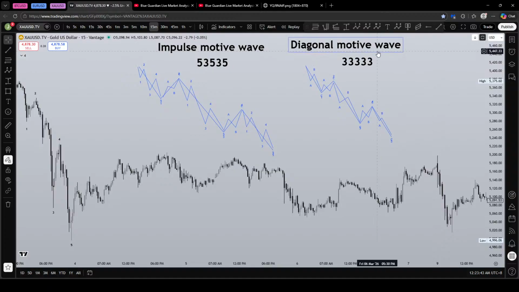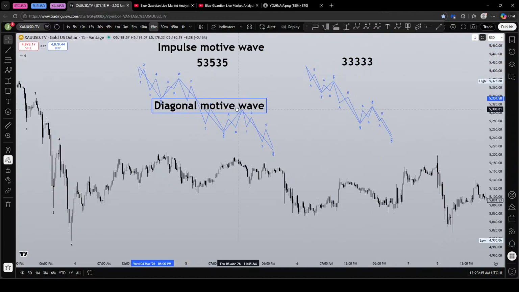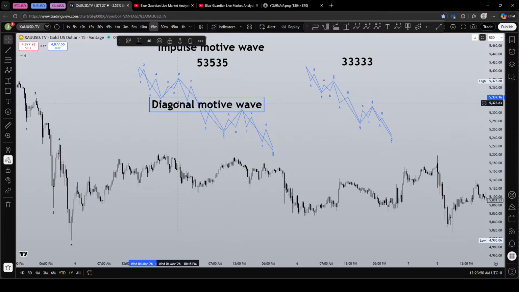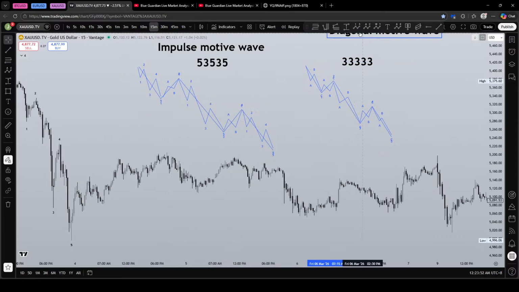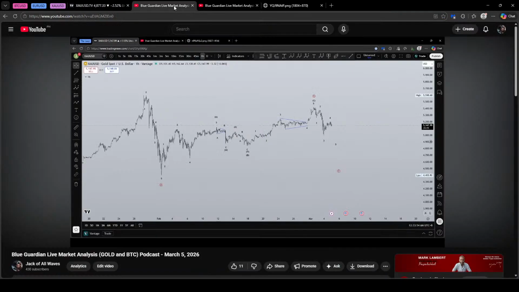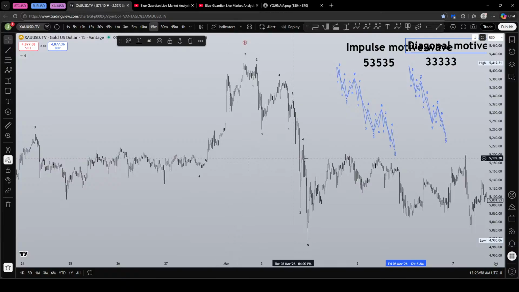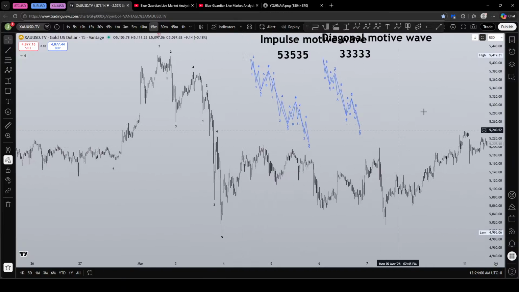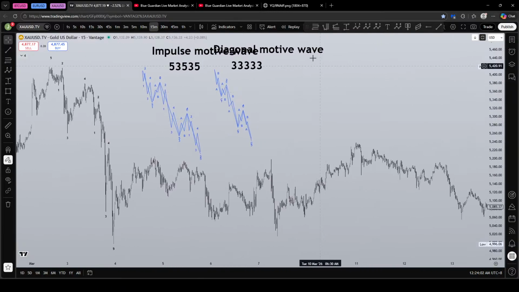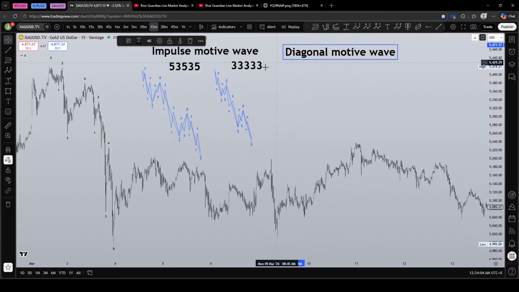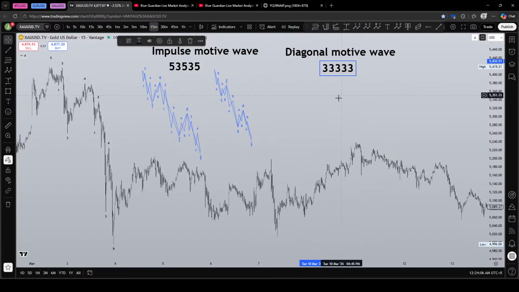But always take note that wave 3 cannot be considered a diagonal. And that's exactly the reason why I am changing this initial counting into this counting. From here, we will now do an objective analysis based on the strict rules of Elliott wave theory.